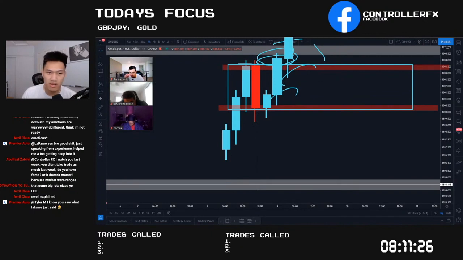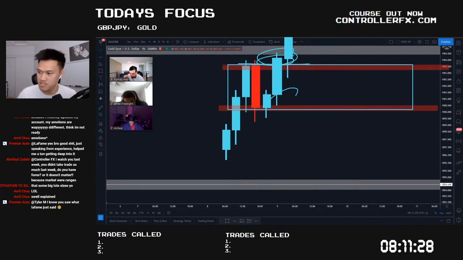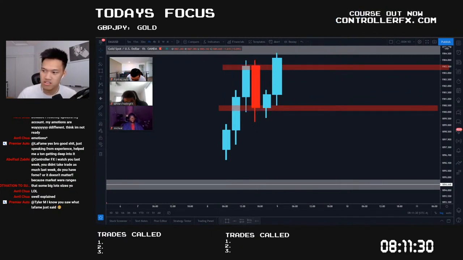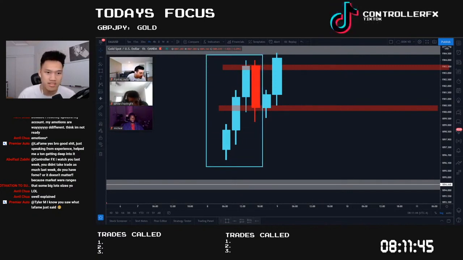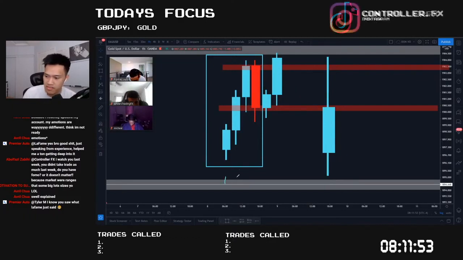This right here, by the way, is also a wick fill. It's also a wick fill, guys. You know why? Because if you look at these 4 candles right here, they'll probably add up to this. Let's say this is a 15-minute time frame down here.